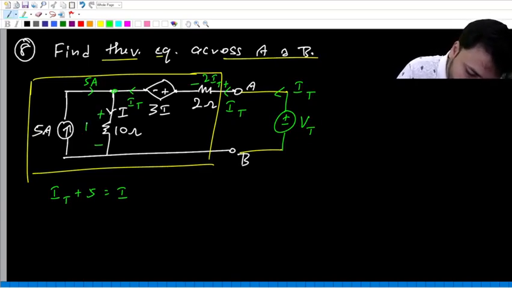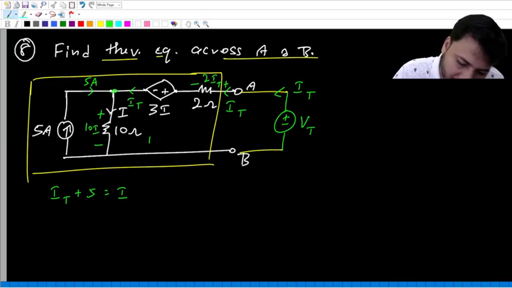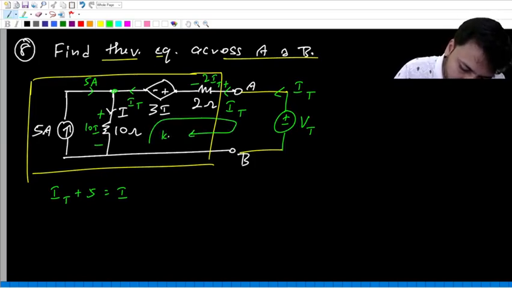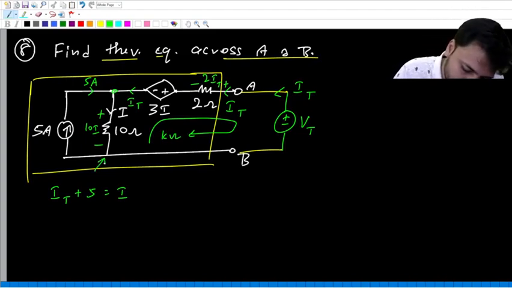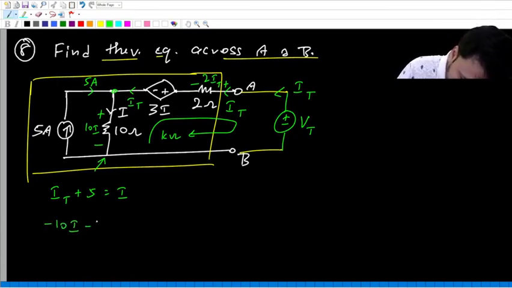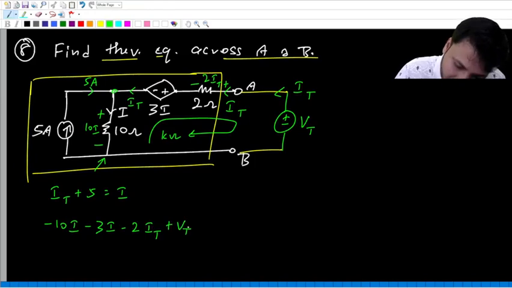And then this drop will be 10I. And then we can write KVL around this loop starting from this point. So minus 10I minus 3I minus 2IT plus VT equal to 0.